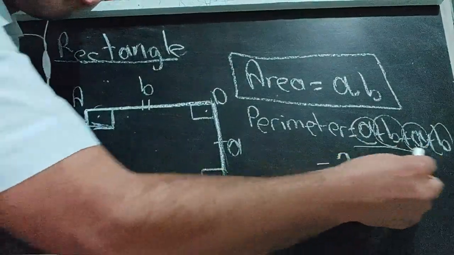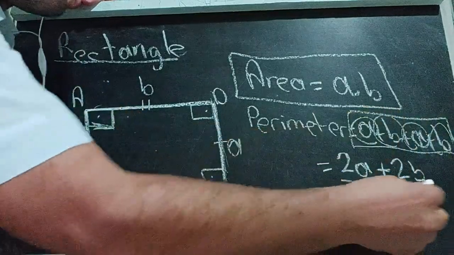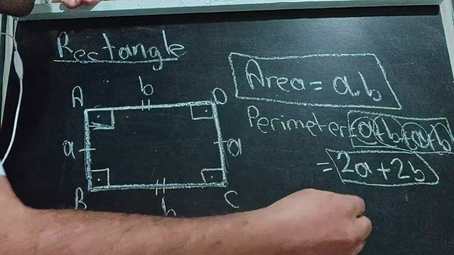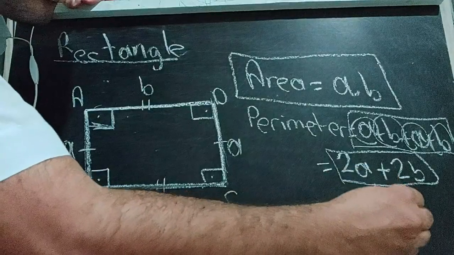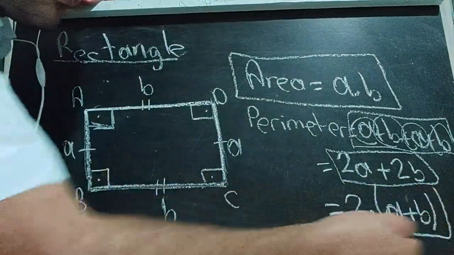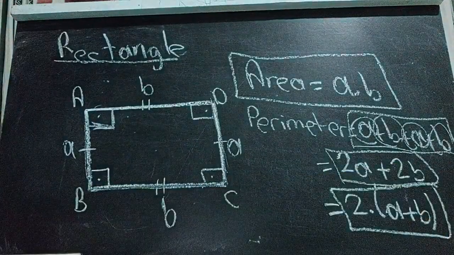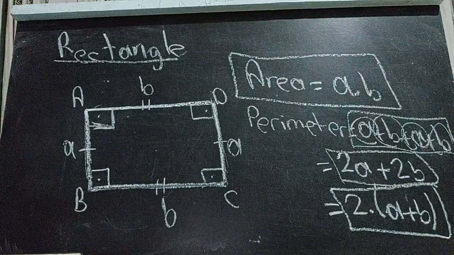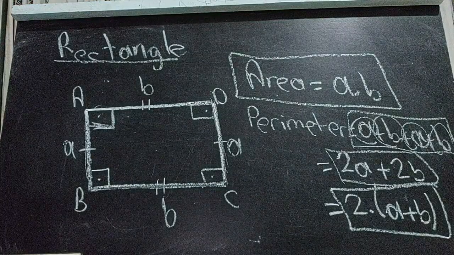You could write like this, or you could write 2 times A plus B. All of them are okay. Right, now let's see how the questions are coming across us.